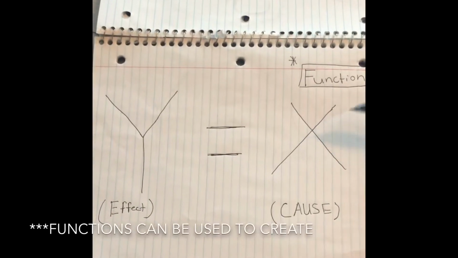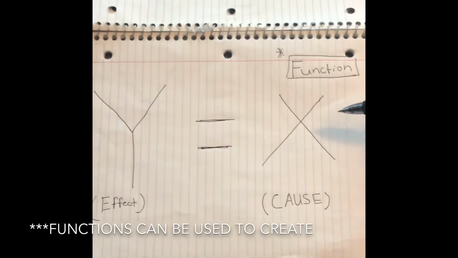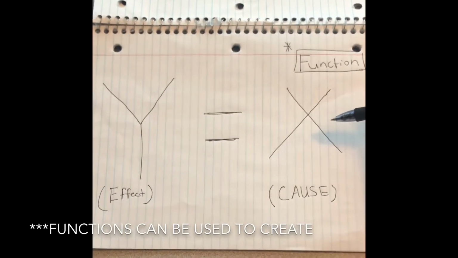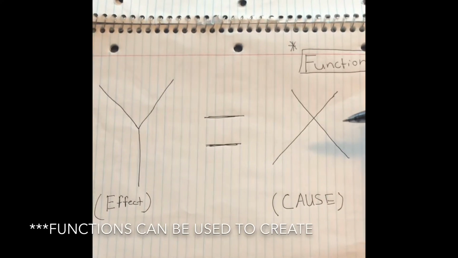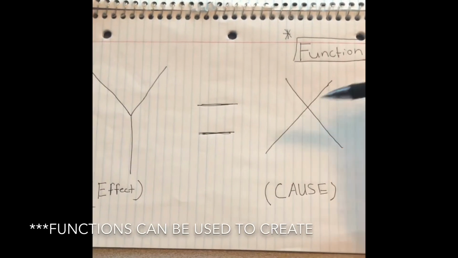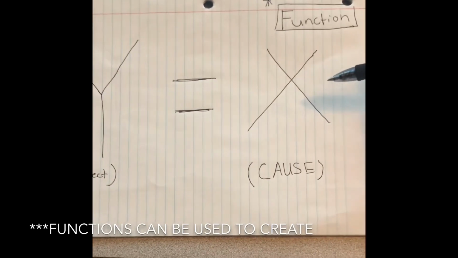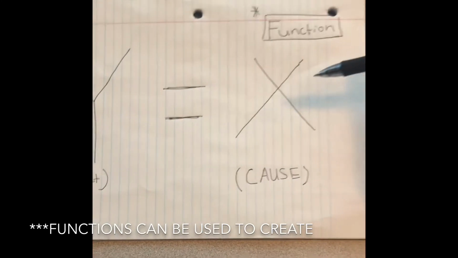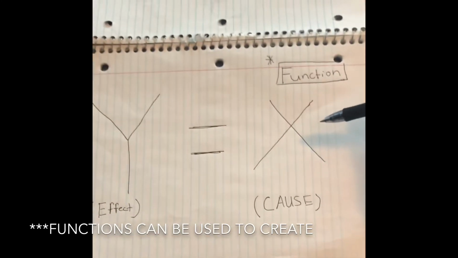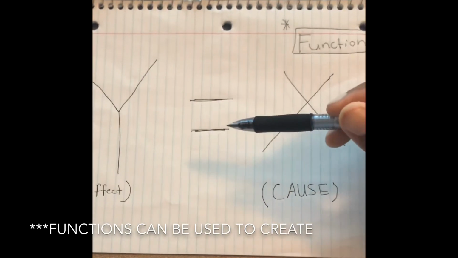So what makes a function even more powerful is that a function can be used to represent all causes and effects. What I mean by that is you can use a function to represent a cause and effect that exists, that doesn't exist, or that's made up. So, for example, let's say for every time I cough, you jump.